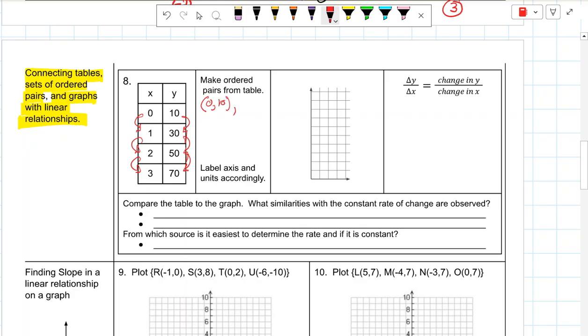Our next one is 1, 30. Our next one is 2, 50. And our last one is 3, 70. And those are our 4 ordered pairs. Then it says label the axes and units accordingly.